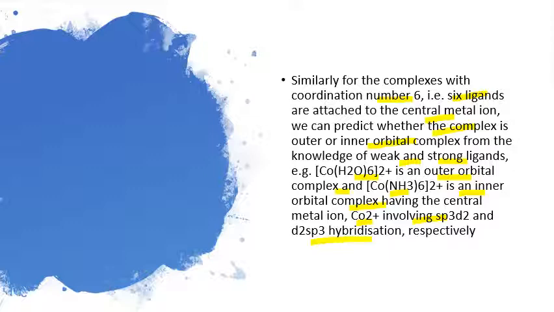So we can easily understand the complex's magnetic behavior from the formation of the complexes. So it can easily be predicted whether the complex and the metal ions have which kind of magnetic behavior. So this is all about the first transition element properties.